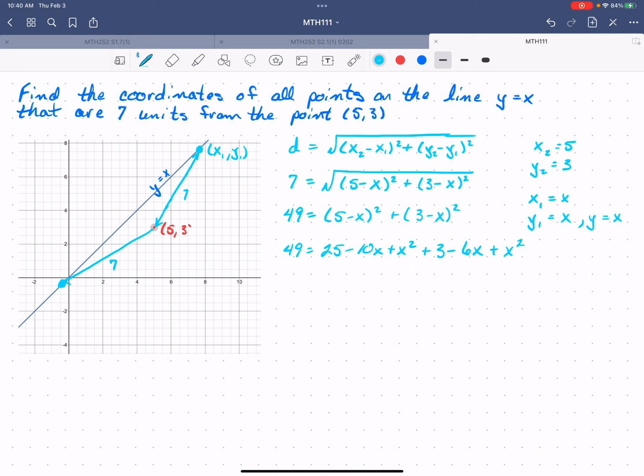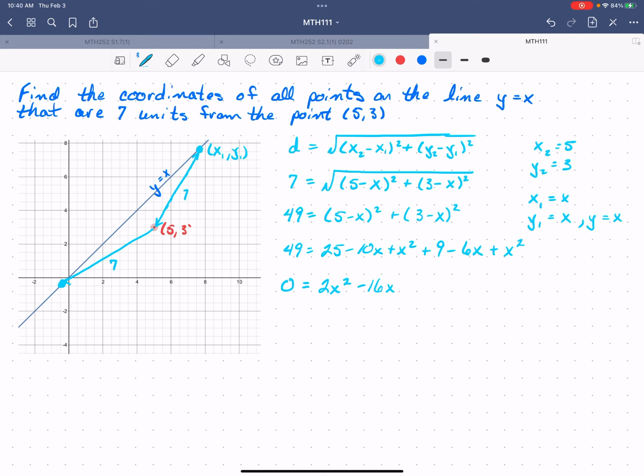Now this is a quadratic equation, so we want to set it equal to 0. So I'm going to gather everything onto the right-hand side. So coming up with 0 is equal to x squared plus x squared is 2x squared. Negative 10x minus 6x is minus 16x. Whoops, I goofed up here. This 3 should be 3 squared, which is 9.